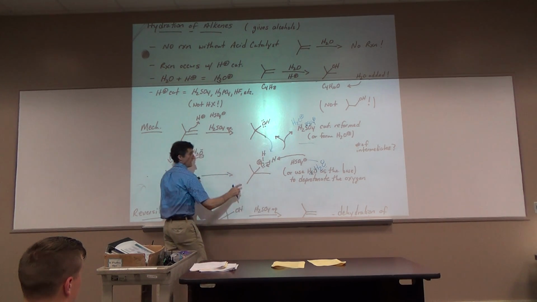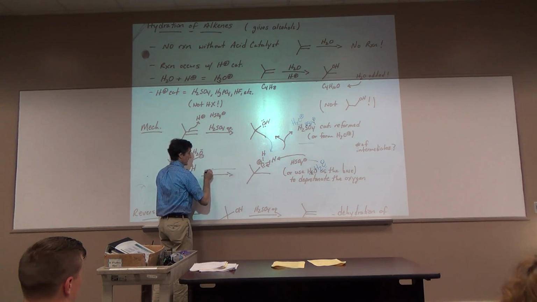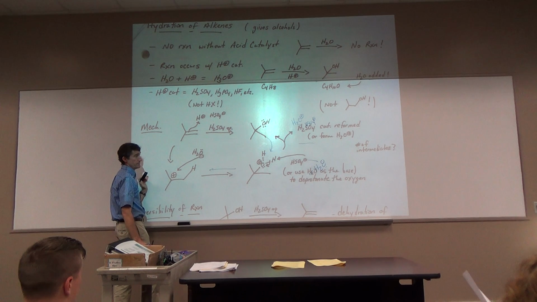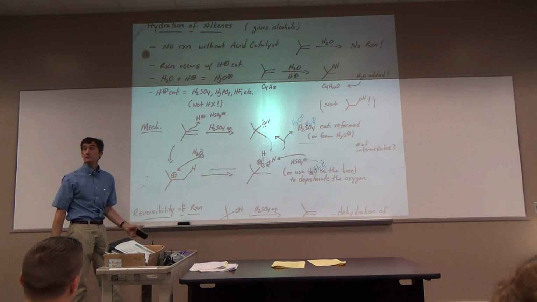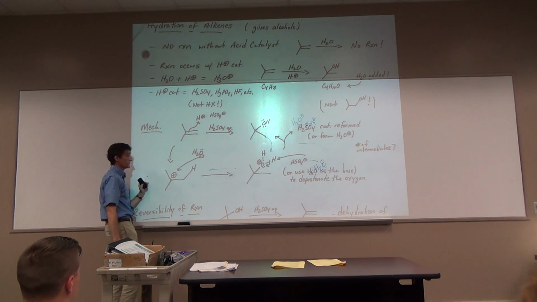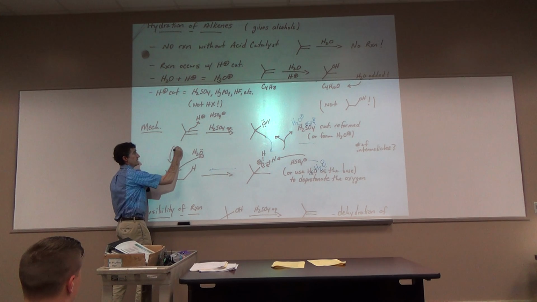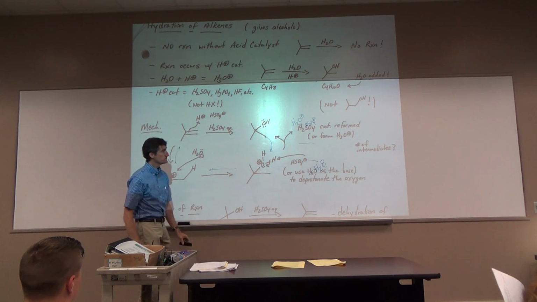Then, the water can just leave. And that would be where it's serving as a leaving group. Okay? And then at this point, you can lose the H and the electrons can fall in. It can be all reversible.